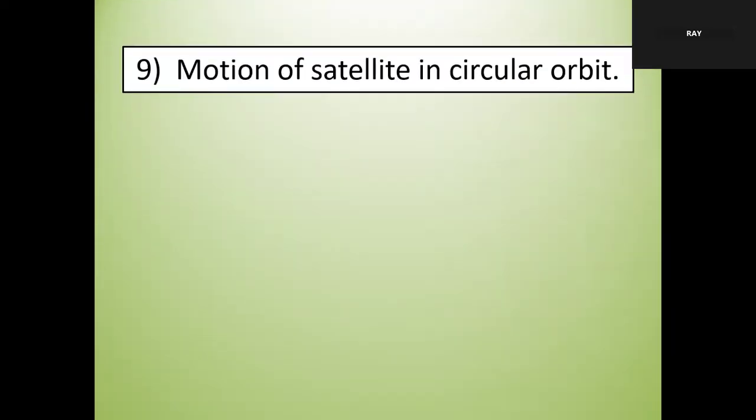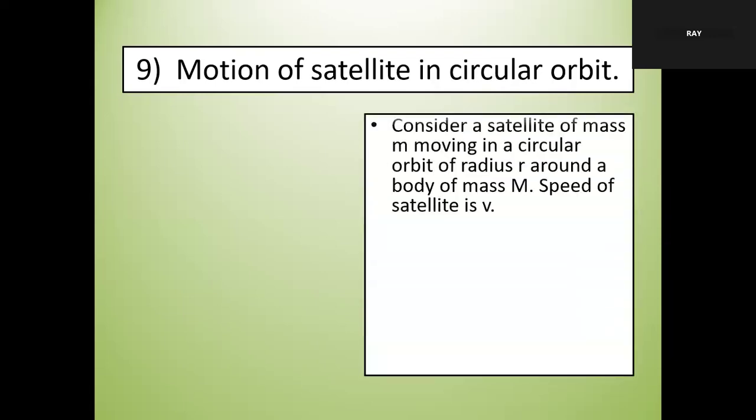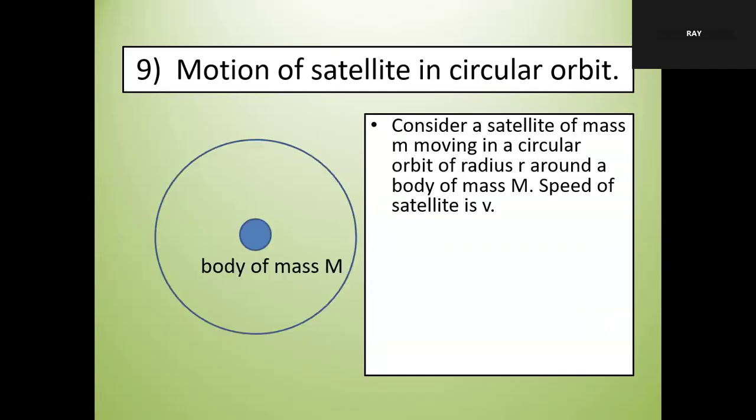Motion of a satellite in circular orbit. Consider a satellite of mass m moving in a circle of orbit radius r around a body of mass M, with a speed v.